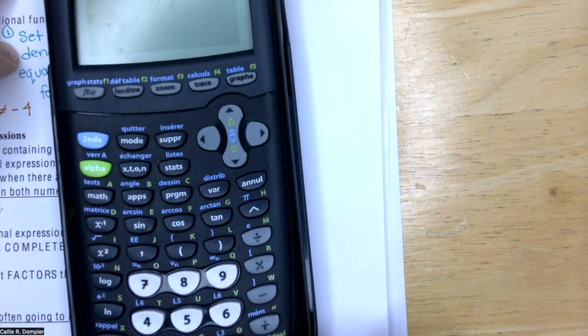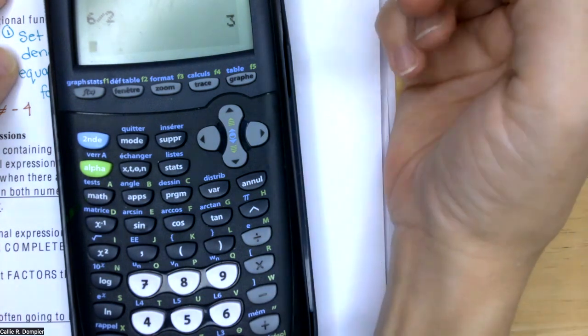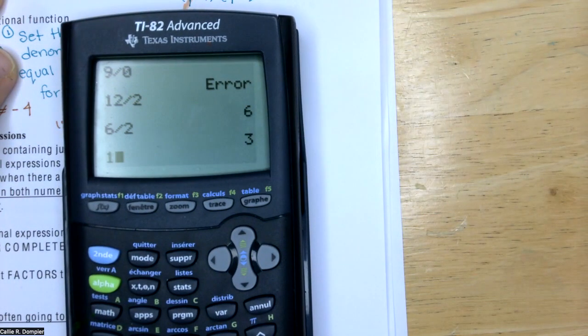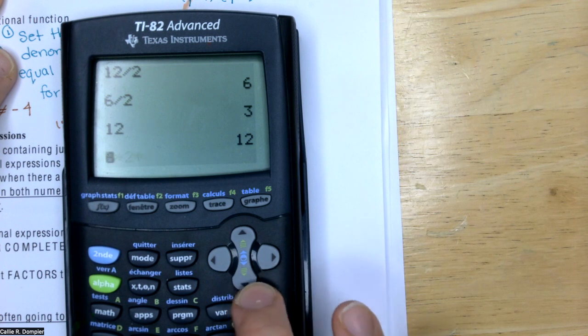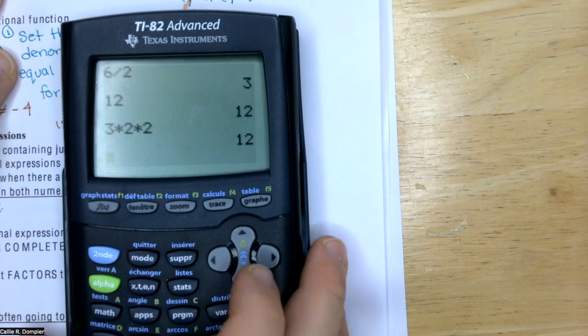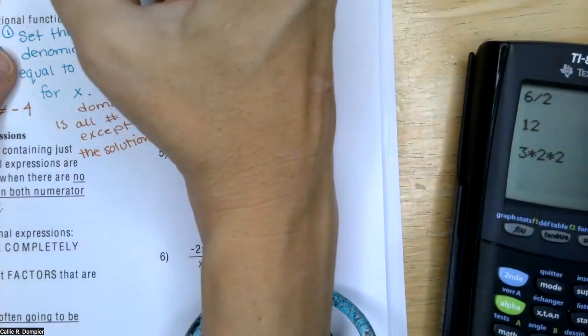You can divide it by 2, and you can divide 6 by 2. So the prime factorization is 3 times 2 times 2, and we do that through factor trees.